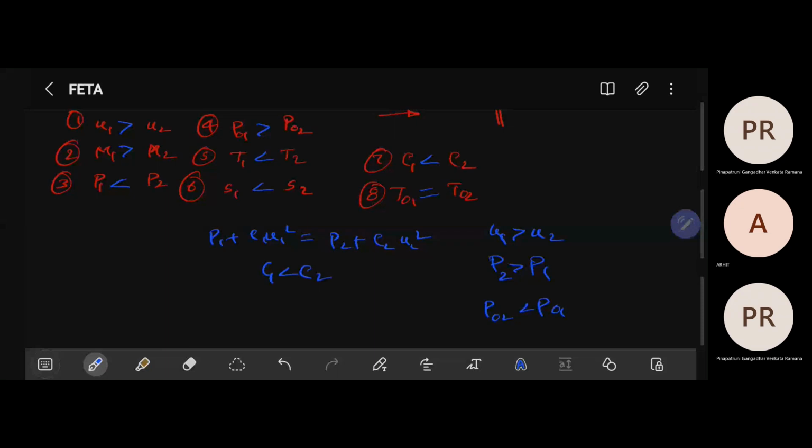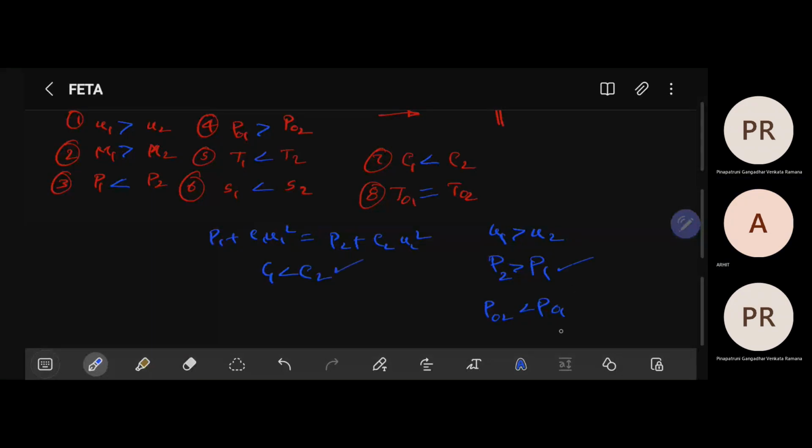Assume you are compressing the flow with a piston. Some flow is there and then you compress it with a piston. What will happen? Your static pressure increases and your density also increases, right?